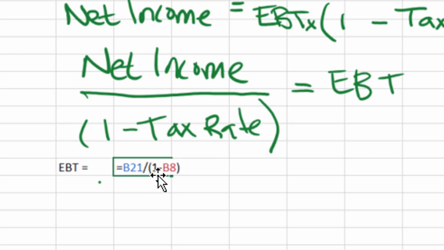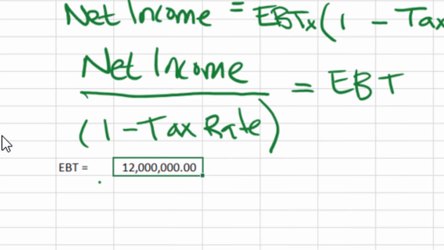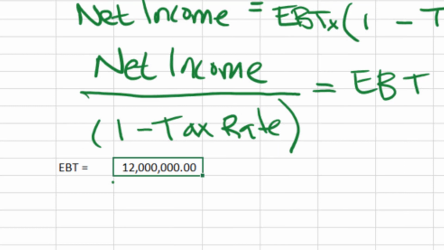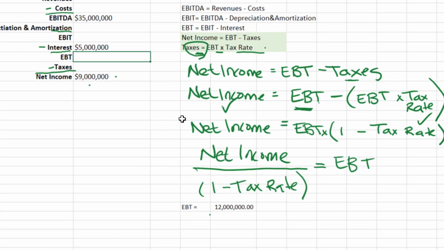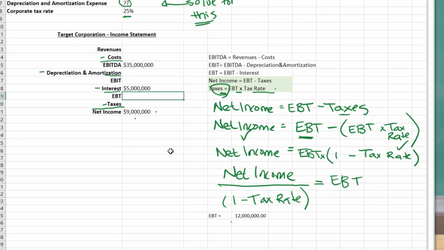Divided by 1 minus B8, which for us is the tax rate. And that gives us our earnings before tax. Okay, so we can fill that in now on our income statement. So now we know the EBT here equals 12 billion.